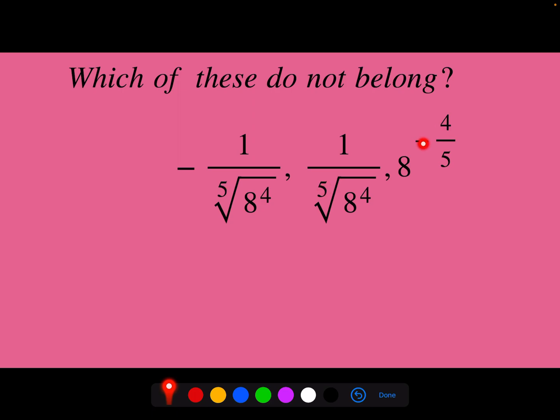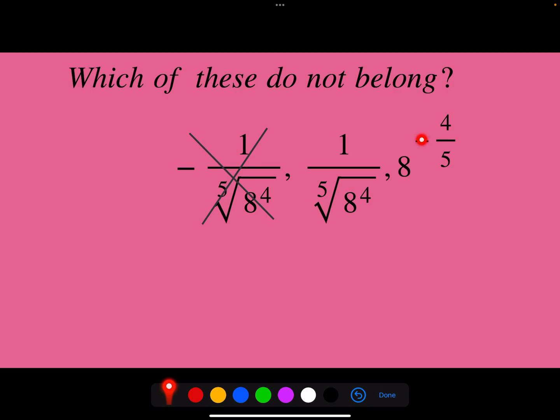But what the negative does has nothing to do with the sign of the number. It only deals with what it looks like. Anytime there's a negative, it just becomes a fraction. So this one's going to be wrong because the negative has nothing to do with the sign. And so it has to be these 2 that are equal.